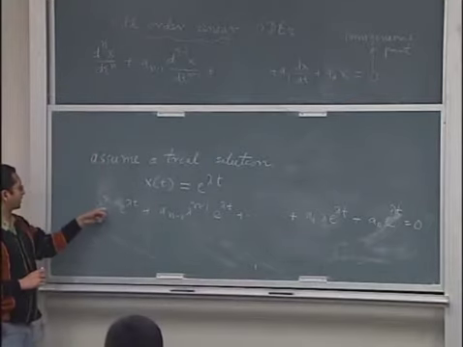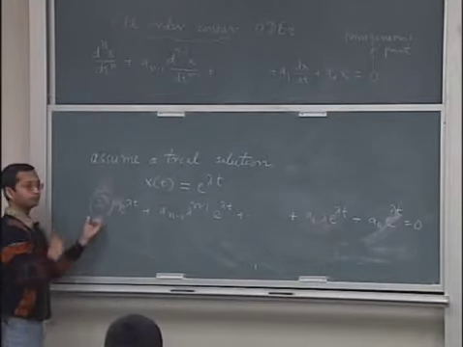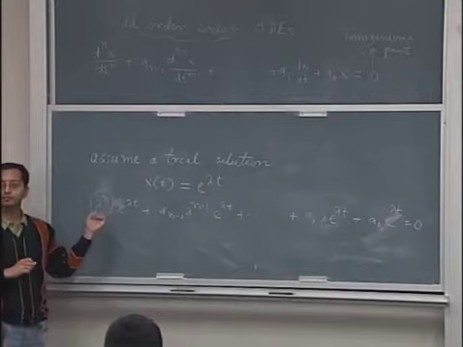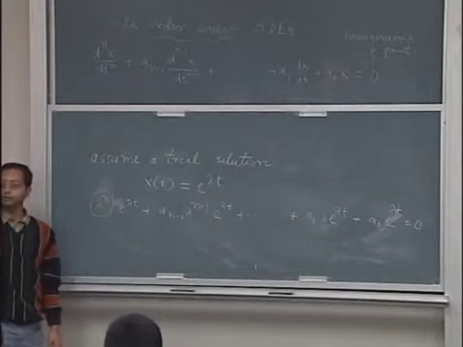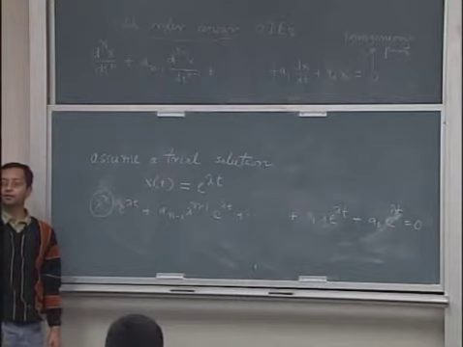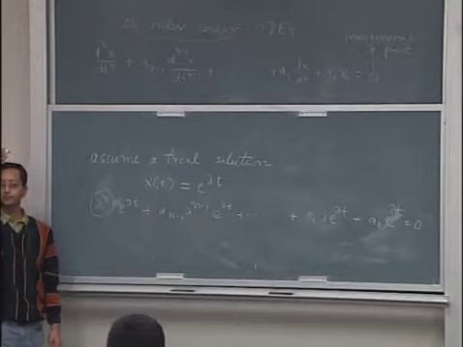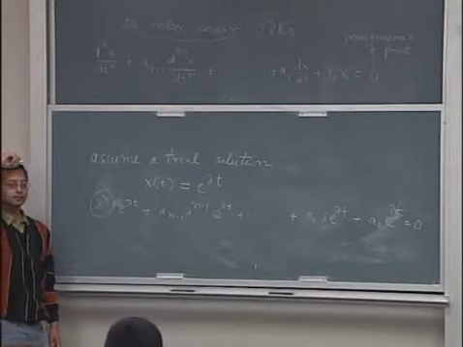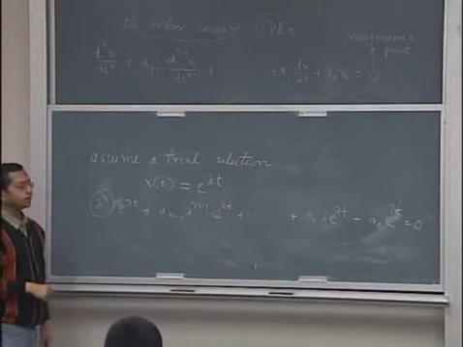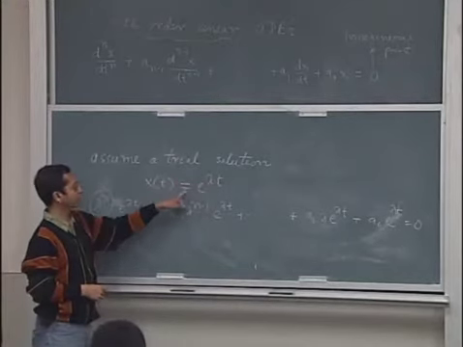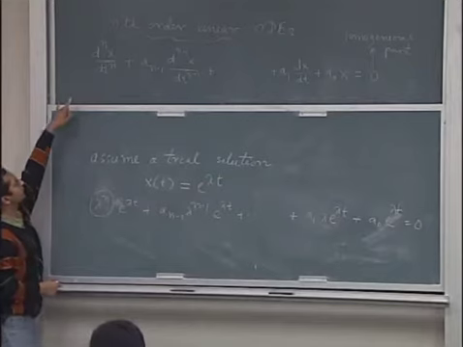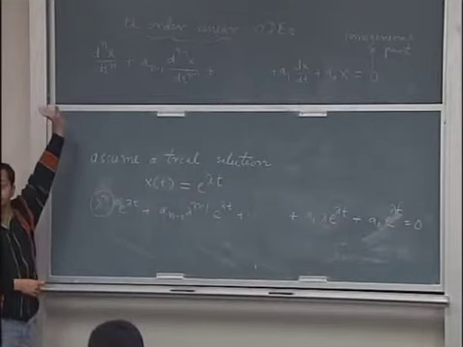And can you see why I got lambda to the power n in the first term? You follow? Why did I get lambda to the power n? Because every time you do the derivative, it multiplies by lambda. So each time you take a derivative of e to the power lambda t, lambda comes in front. So in the first term, I have n such derivatives.